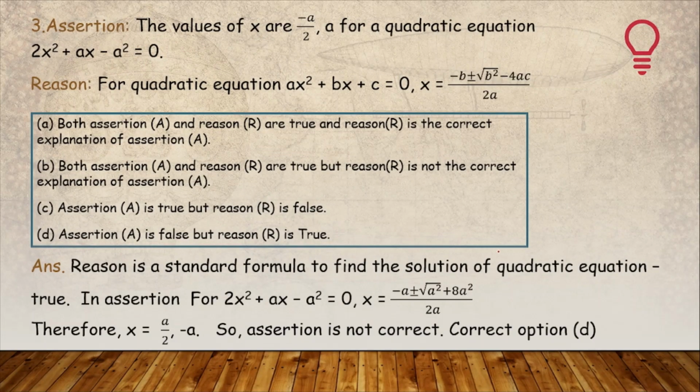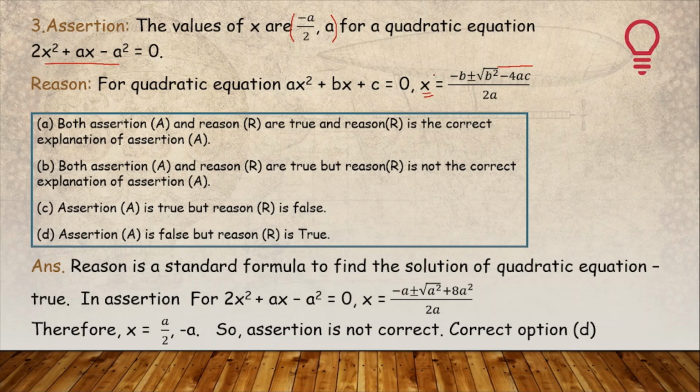Question 3. Assertion: the values of x are minus a by 2 and a for a quadratic equation. So when you solve, you will get two values, minus a by 2, that means minus half a, comma, a. These are the factors of this equation. This is the assertion. The reason: for the quadratic equation ax square plus bx plus c equal to 0, the value of x is minus b plus or minus root of b square minus 4ac by 2a.